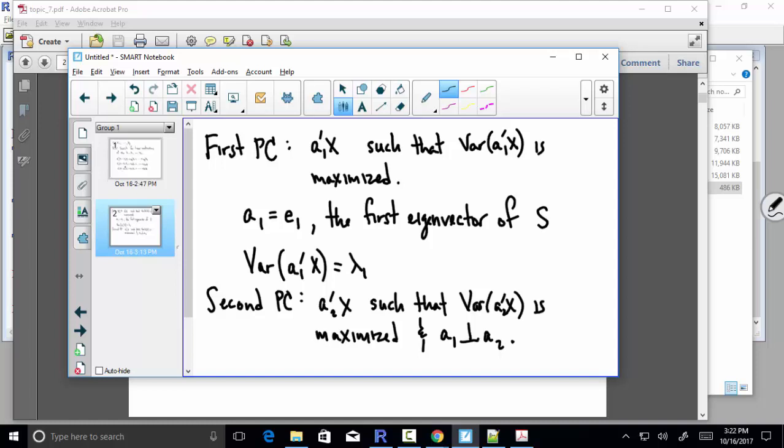What we mean by that is these principal components are going in perpendicular or orthogonal directions to one another. Each of the linear combinations is perpendicular. So if you do a dot product, A1 transpose A2 equals 0.